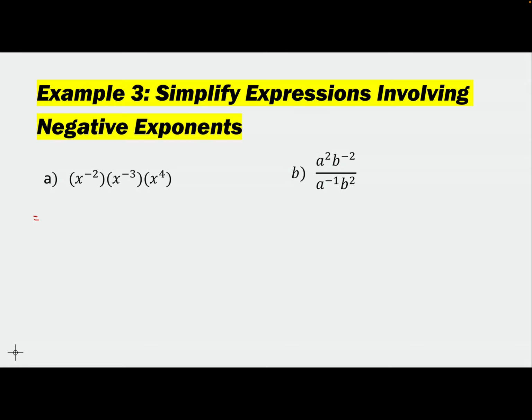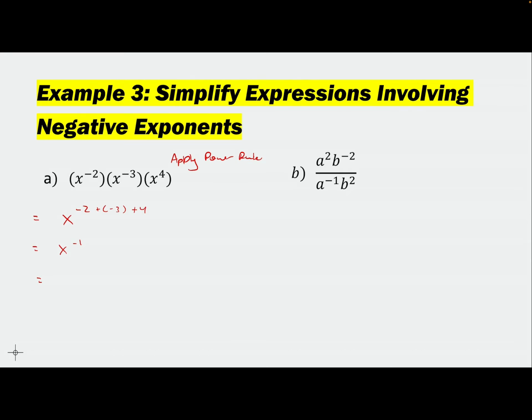So I could apply the power rule to this because they all have the same base x. I could just add their exponents together. So negative 2 plus a negative 3 plus 4. So negative 2 minus 3 plus 4, that's going to be negative 5 plus 4, that'll be negative 1.